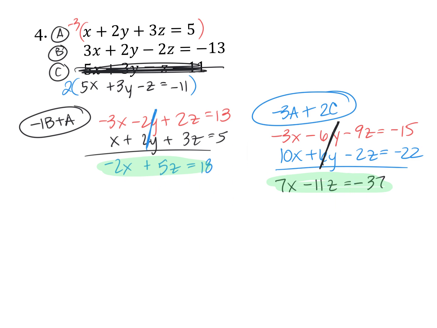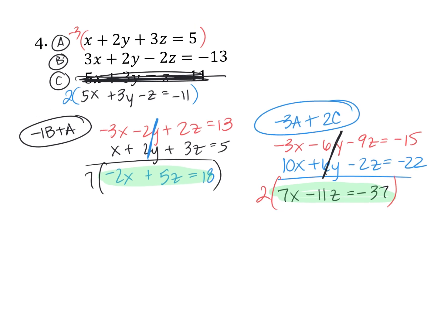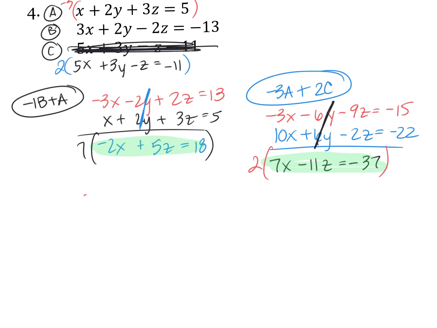Lily, what are we going to multiply this one by, the left one? 7 on the left. What are we going to multiply the right one by? Regular 2, she said. So when we multiply by 7, could you distribute that one out for me, Lil? Take your time. -14x plus 35z equals 126.